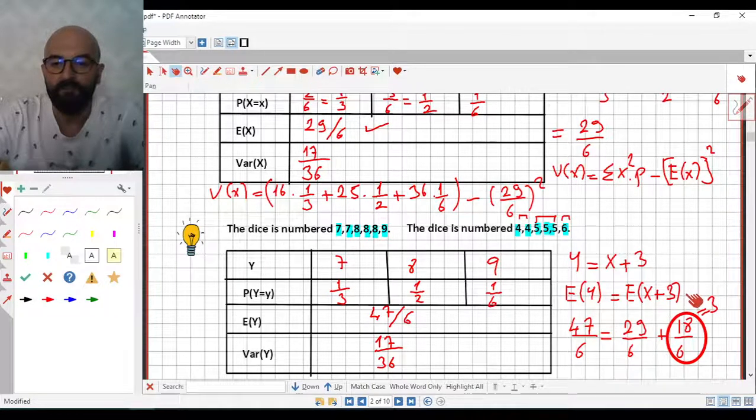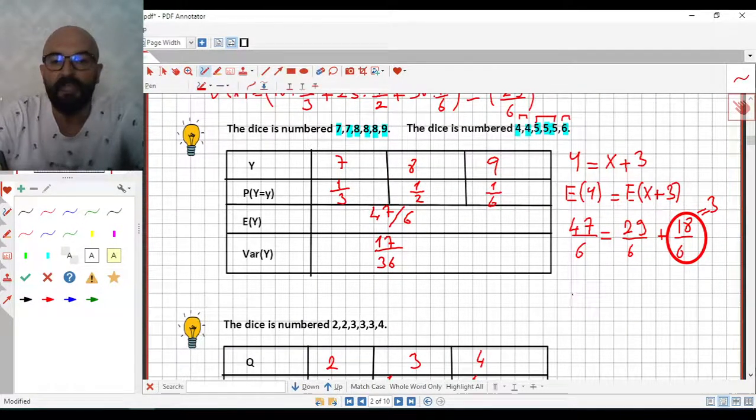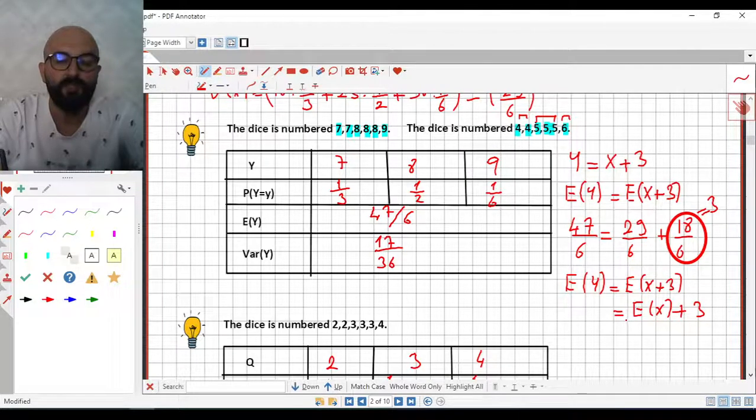So finally we can tell that the expected value of x plus 3 equals the expected value of x plus 3.